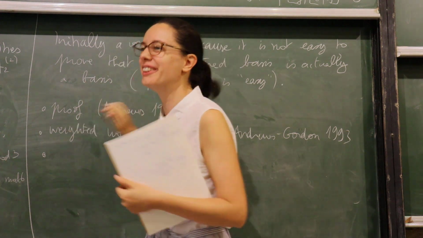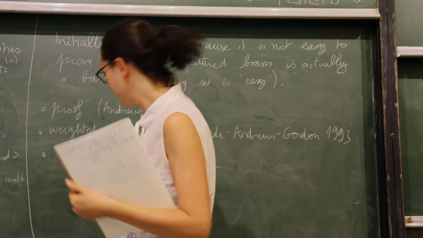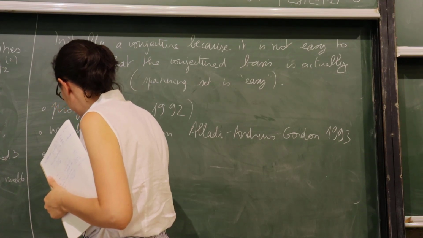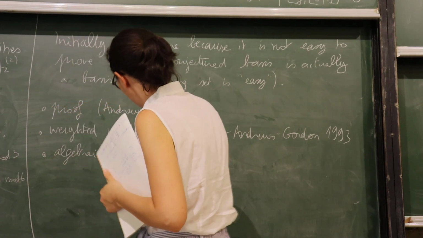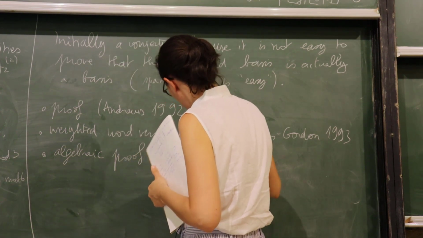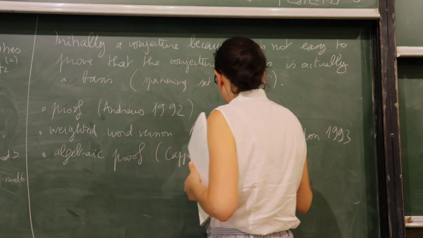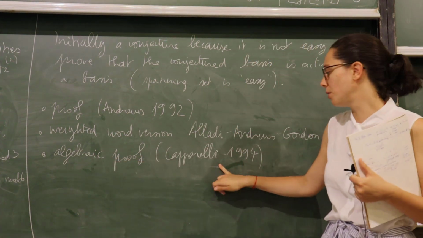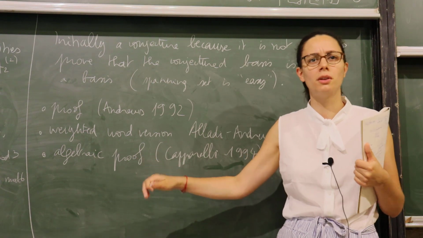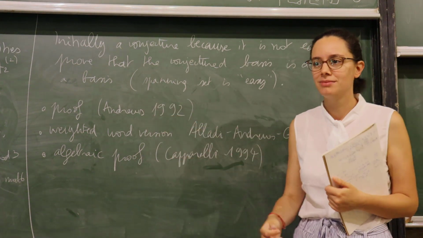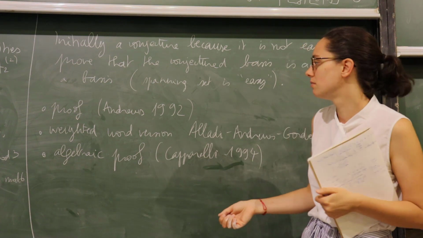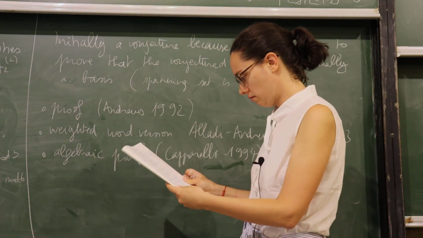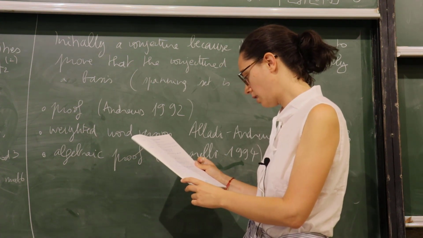So actually, it's also possible. From that side, it's just harder, sometimes. So algebraic proof, that's Caparelli in 1994. And then there have been other proofs. Also, around the same time, there was another algebraic proof of Tomba and Xier, and there have been other combinatorial proofs, including one by myself relatively recently, which I will maybe just mention.